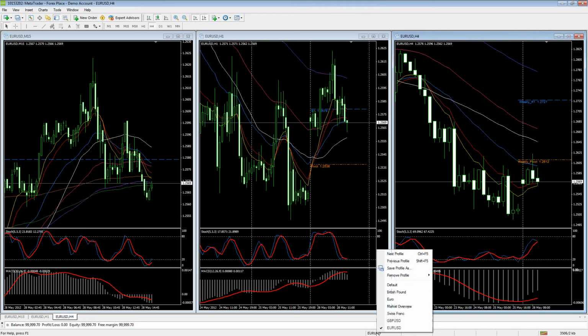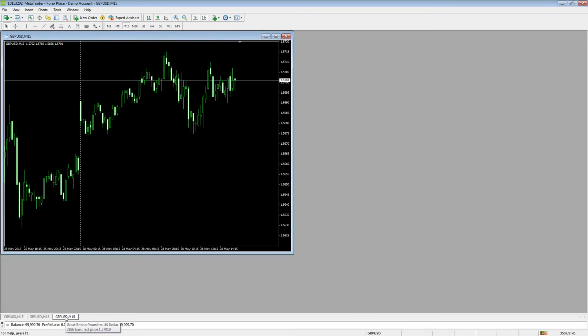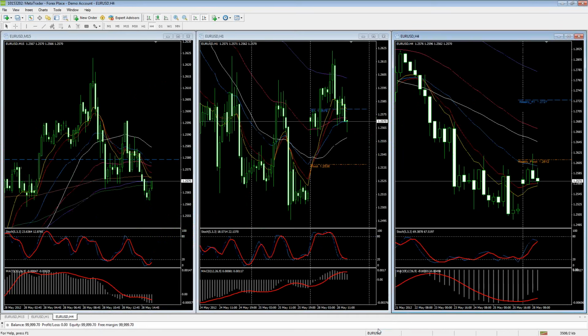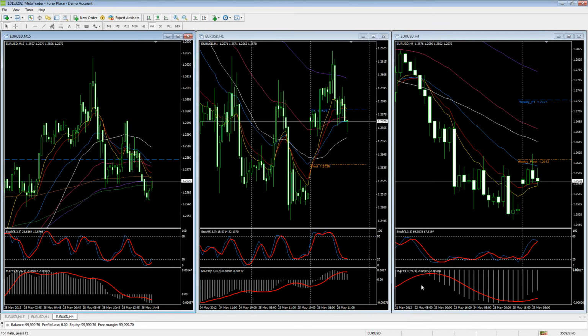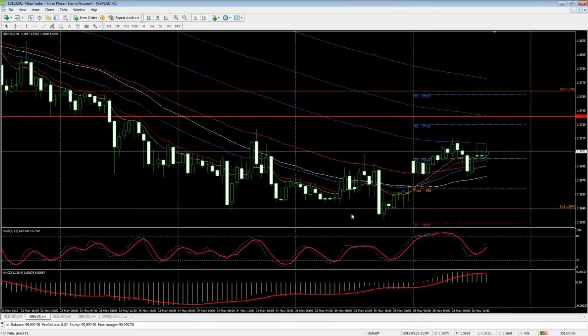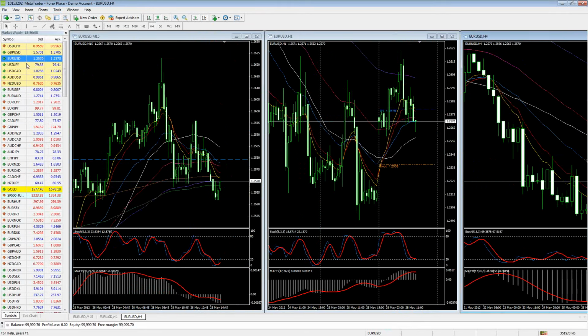If I want to go back to the pound dollar, all I need to do is click the profile button, go to the pound dollar. Oh, okay, didn't. Oh no. GBP. Okay. For some reason, it didn't save the pound dollar profile. I don't know why. Okay, let me create it again.